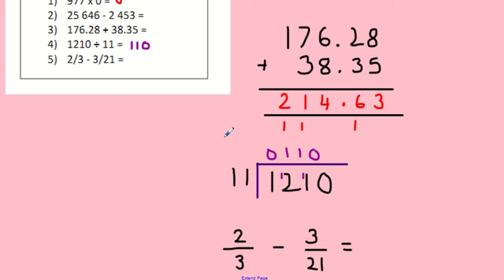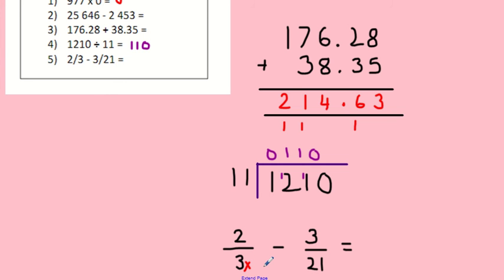We're going to have a look at the fraction question now, number 5. 2/3 subtract 3/21. Now, straight away I've noticed that the bottom number, or the denominator, is different. And before I can continue, I have to make it the same. Now, luckily, we all know our 3 times table.